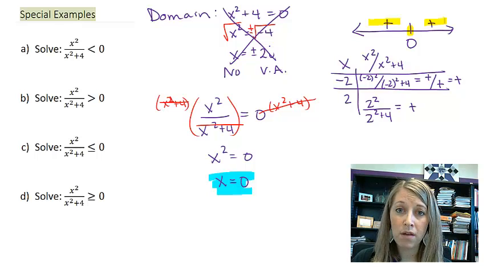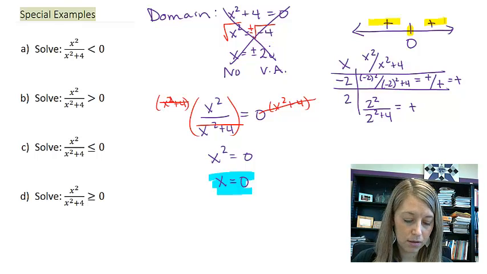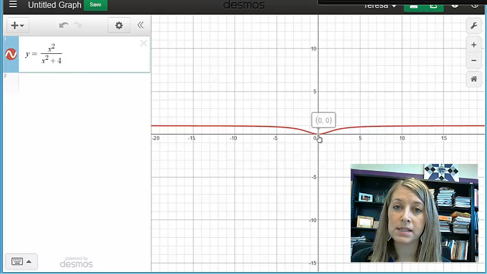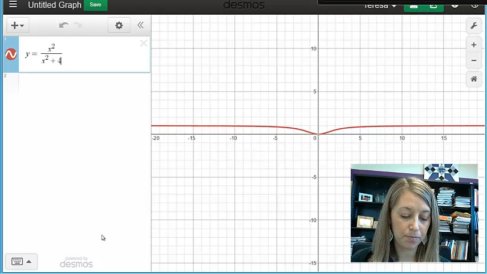And again, if you are a visual person, then why not reference the visual to this example? So let's go ahead and graph it. So I have it graphed here, y equals x squared over x squared plus 4. We can see that it intercepts our x-axis at 0, and we can see that it is above my x-axis every other place.